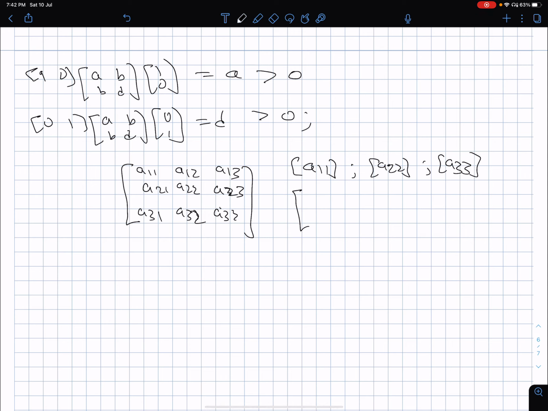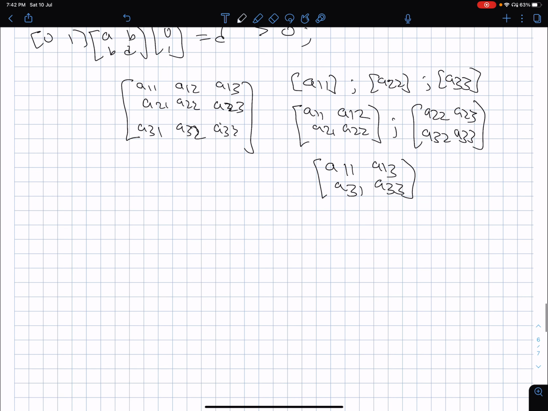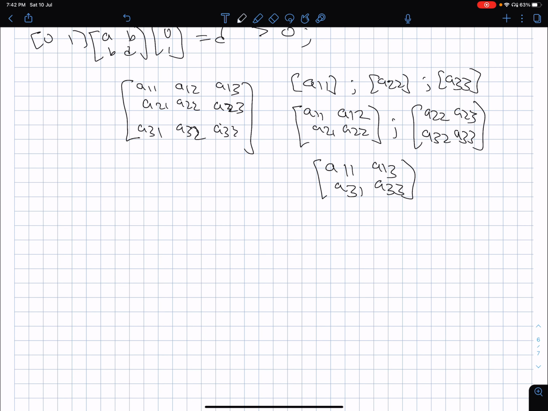Then in terms of 2 by 2 matrices, A11, A12, A21, A22, then A22, A23, A32, A33, then the first and third column and first and third row put together. I think I have covered the three C2 combinations, which are 3, and then the 3C3 combination is only 1, which is the original matrix itself.